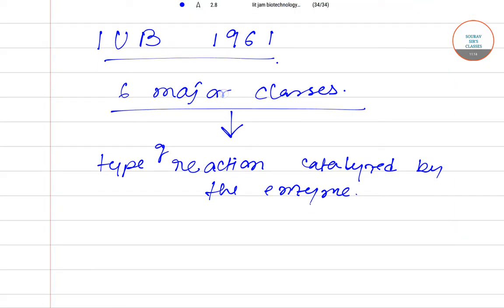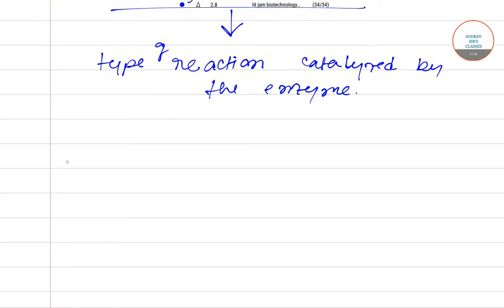So here these six classes are: first is oxidoreductase. Now what is oxidoreductase?